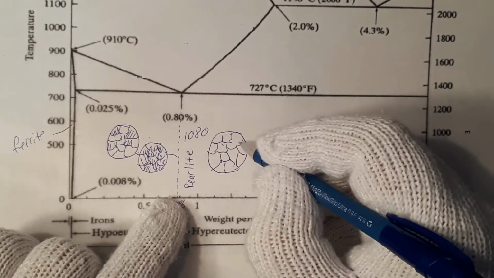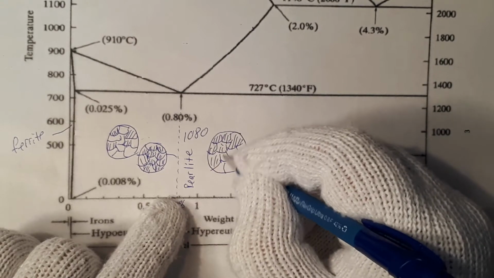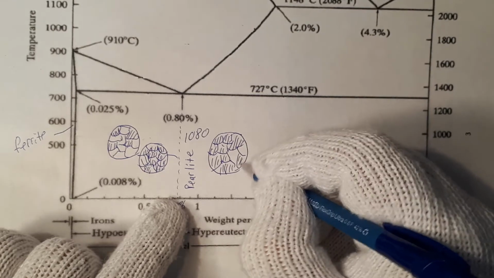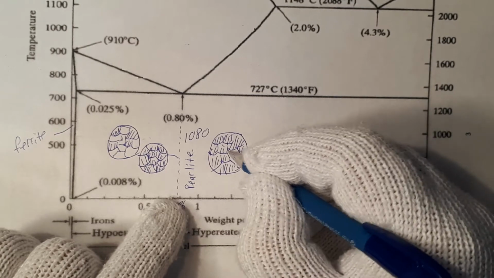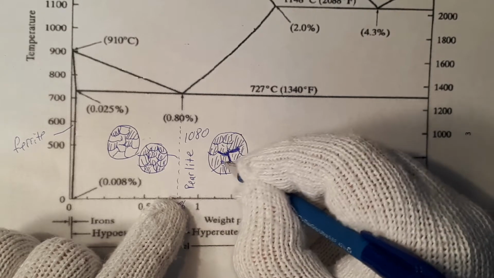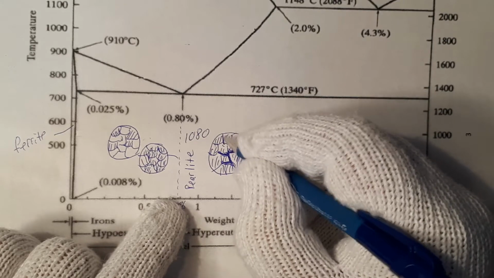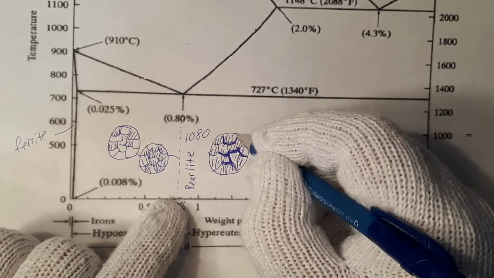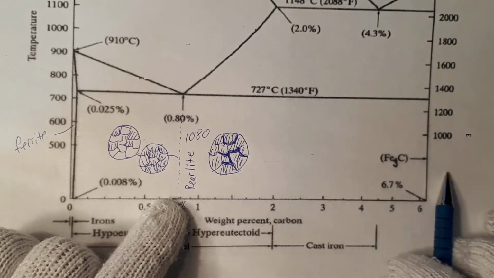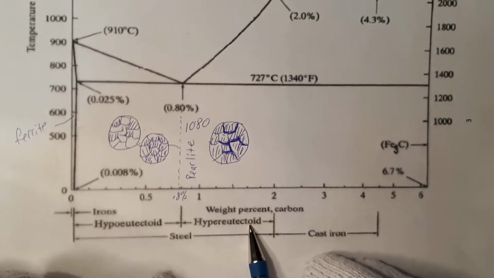So I would see all perlite, and cementite will be at the grain boundaries. I'm just going to simply draw cementite growing here at the grain boundaries. A combination of perlite and cementite for hypereutectoid steels.